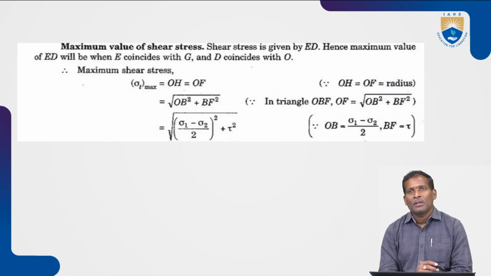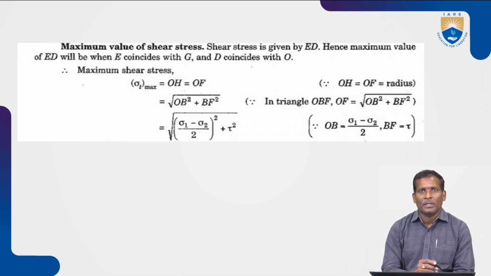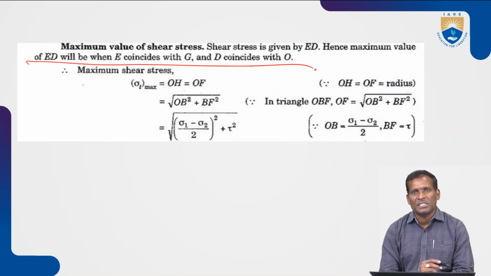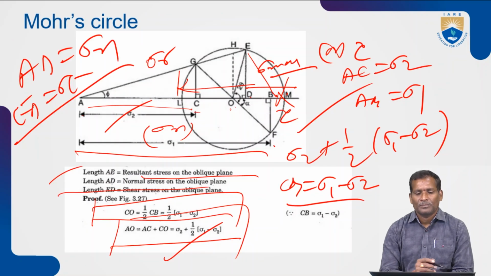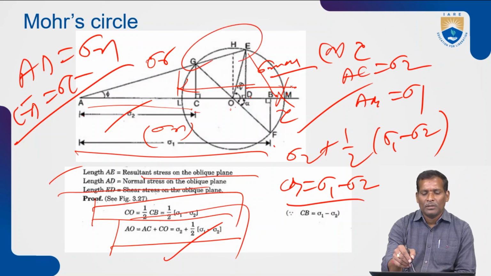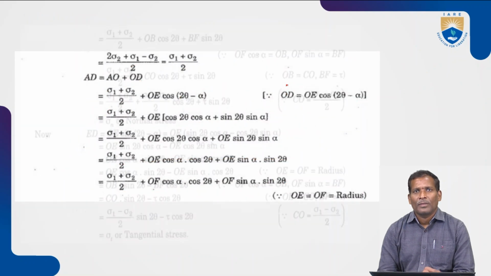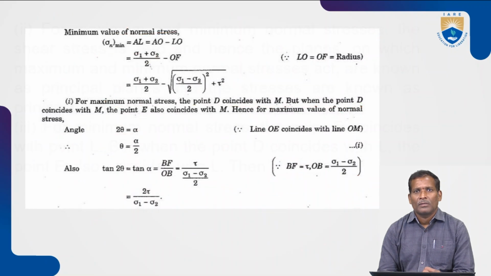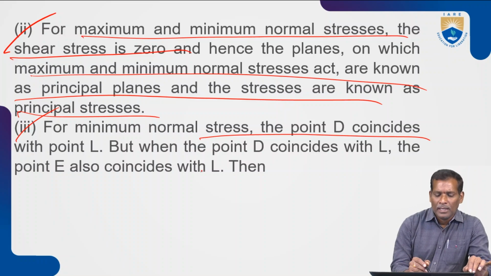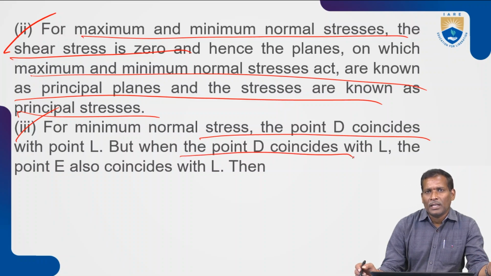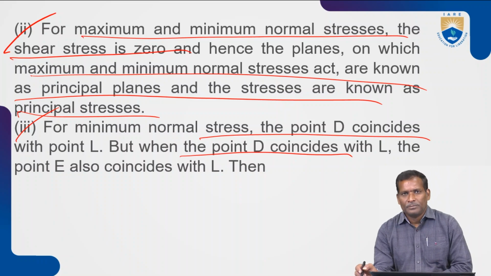According to the diagram, the maximum value of ED occurs when E coincides with G and D coincides with M. So for the minimum normal stress, D coincides with L, and E also coincides with L.